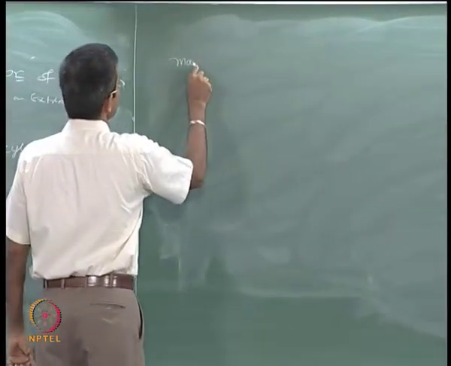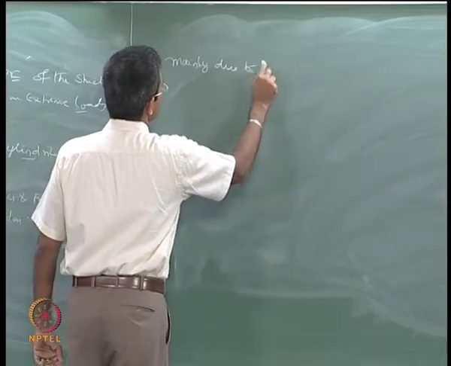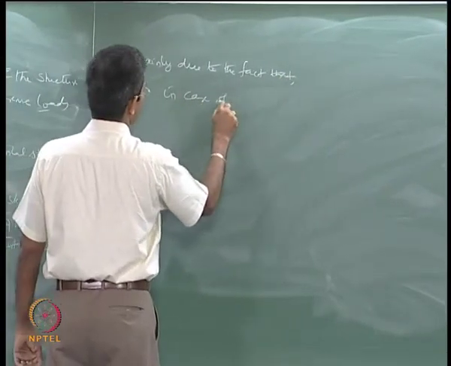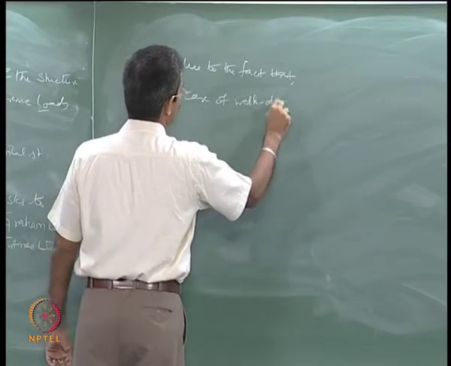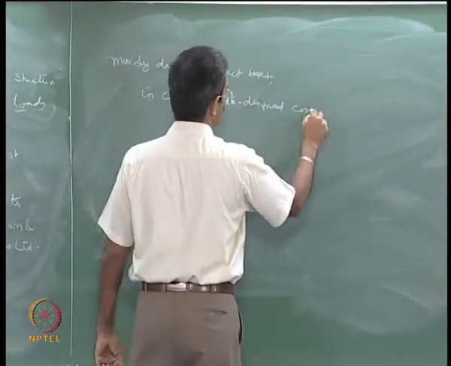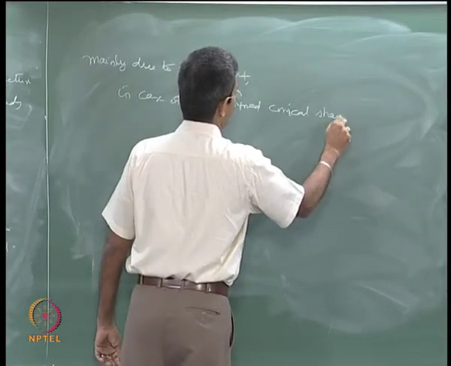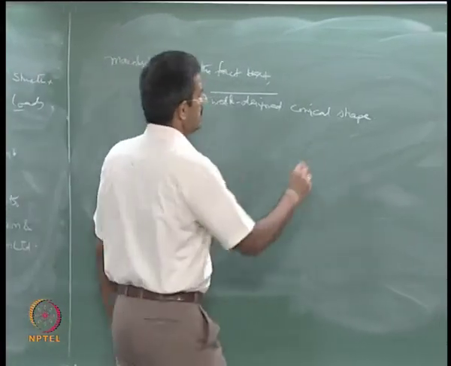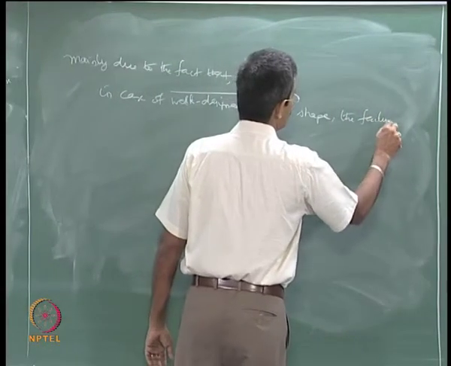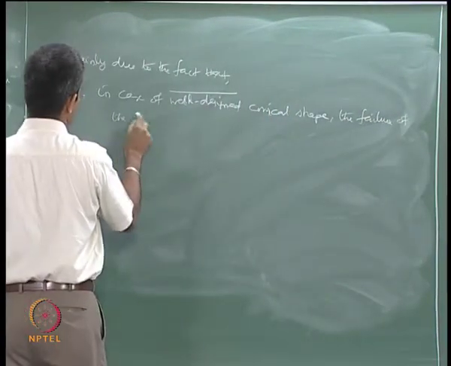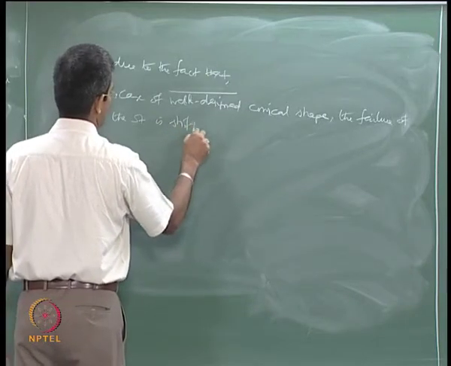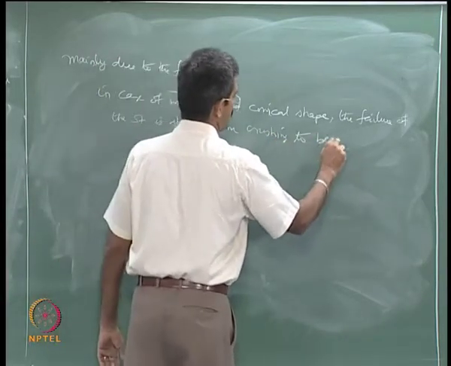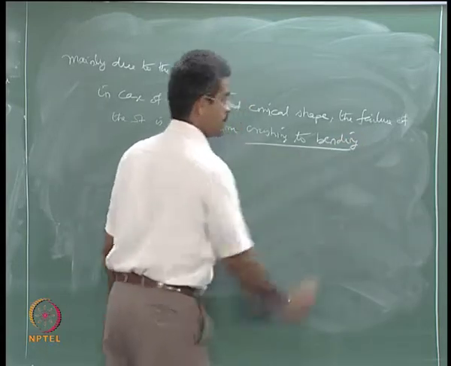It is mainly due to the fact that in case of a well designed conical shape, I am putting an adjective here, well designed conical shape, the failure of the structure is shifted from crushing to bending.